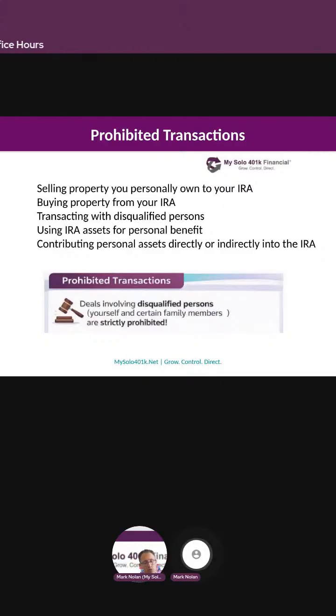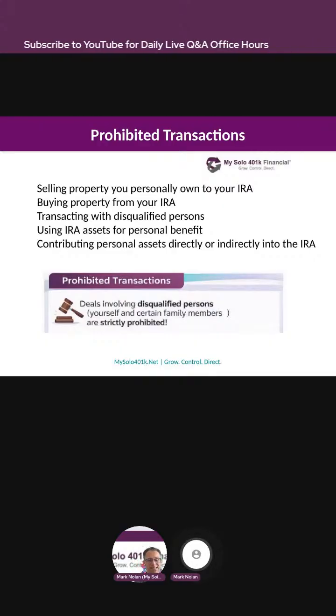So these rules are designed to prevent the IRA participant or the solo 401k participant from personally benefiting from their retirement assets before retirement age. At the end of the day, the government created IRAs and solo 401k plans to save for retirement.